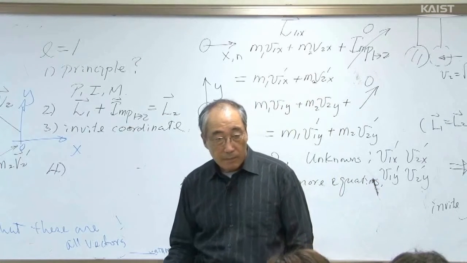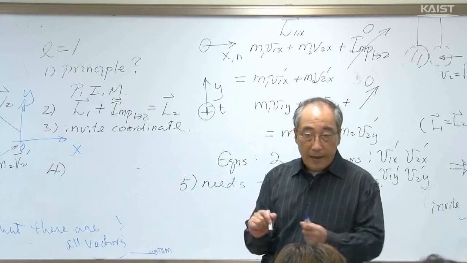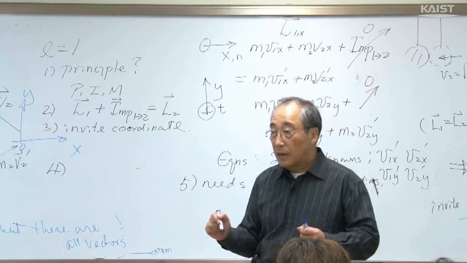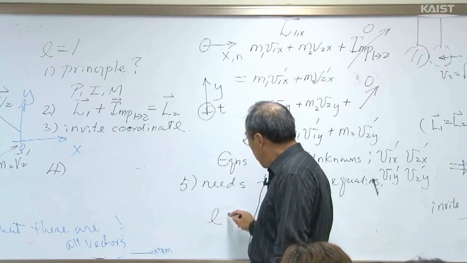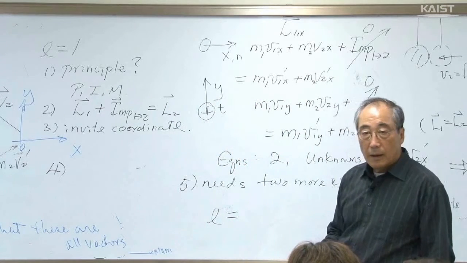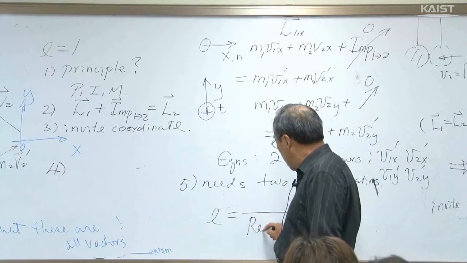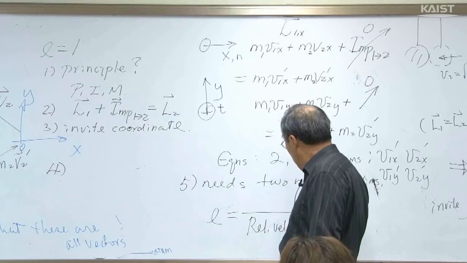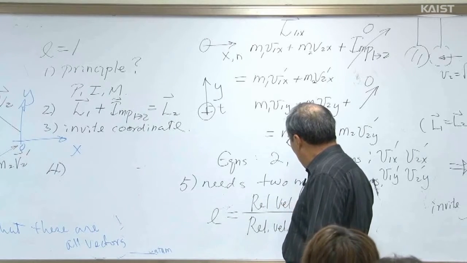What is it? Because it involves impulse, right? We can introduce E, the coefficient of restitution, which is the relative velocity before and the relative velocity after.